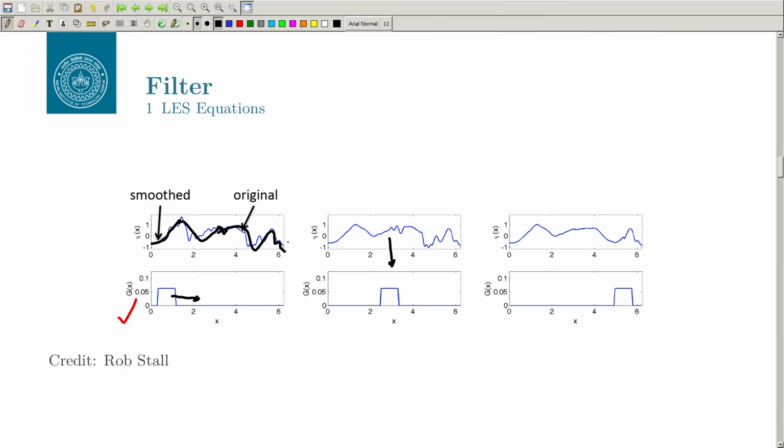If you do a true DNS, you will resolve the original one, but in the case of LES, if you are applying a box filter, what you are resolving is this smoothed signal. I gave you an example of a box filter, but similarly you can think about the Gaussian filter or the spectral filter.